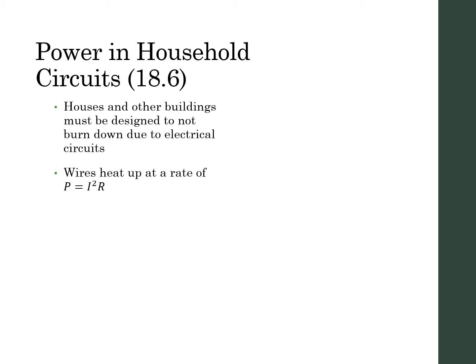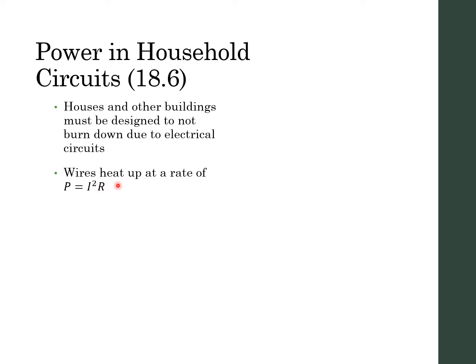So power tells us how we convert our electric energy to our thermal energy. And so this is just one of our power equations. Again, we could use any of the three that we want, but we want to focus on having a current because that's something that's pretty easily measured.